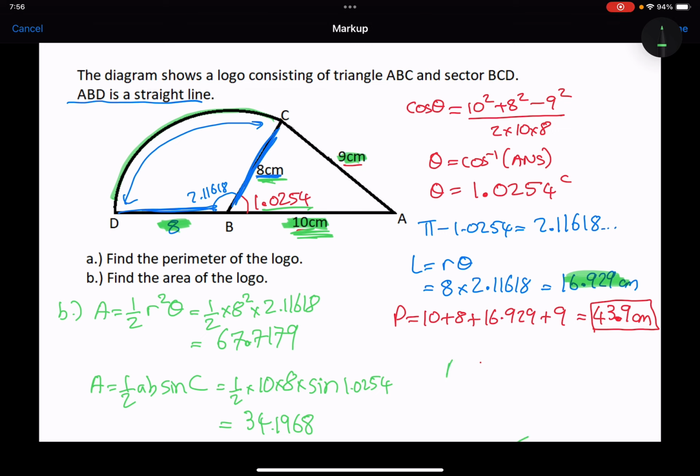So therefore the area of the whole logo is the sector plus the triangle, which to one decimal place gives me 101.9 centimetres squared, and that's my answer to part B of the question.